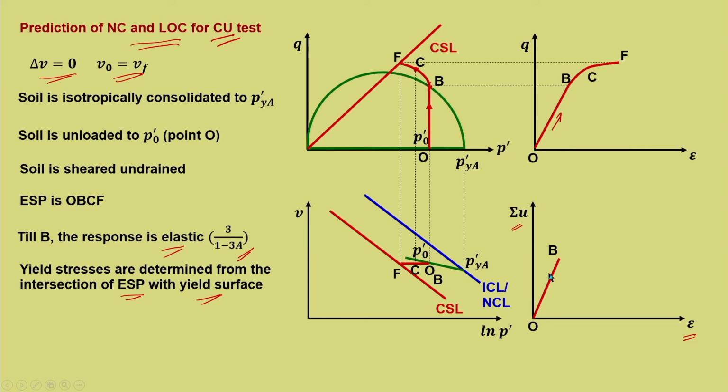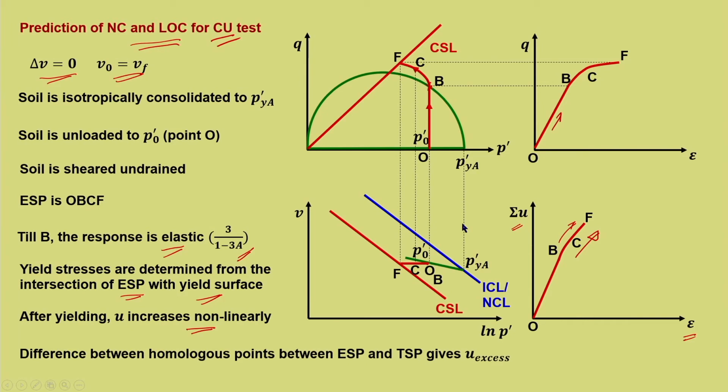Now, toward F, once it yields you can see that non-linearity comes up and there is a sharp increase in the pore water pressure, and that is why there is a drastic reduction and it moves towards F. After yielding, U increases non-linearly. So, you can see here this BF is a kind of non-linear response.